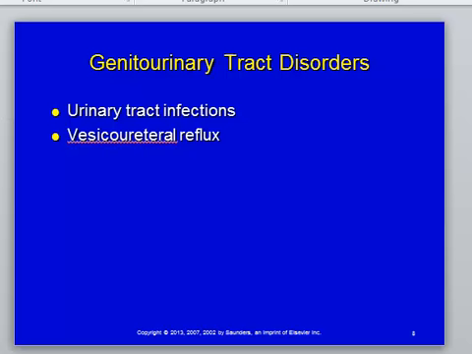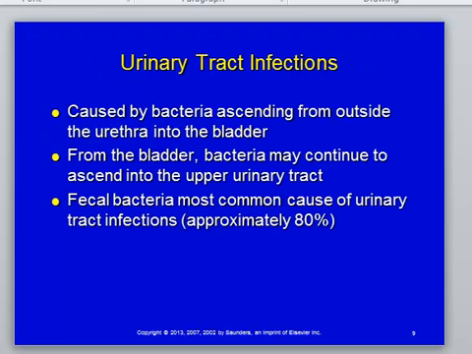Okay. We're going to start talking a little bit about urinary tract infection and vesicoureteral reflux. It's that word I can't hardly say. Anyway, UTIs. As you know, hopefully you've listened to the lecture on Chapter 69 in IGI, it's caused by bacteria that ascends from the outside, the urethra, into the bladder.